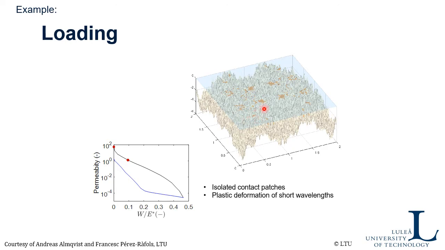They are isolated contact patches, and you deform the short wavelengths, and of course you decrease the permeability significantly when you put the surfaces in contact like this. Now it's much more difficult for the fluid to pass through the roughness here.